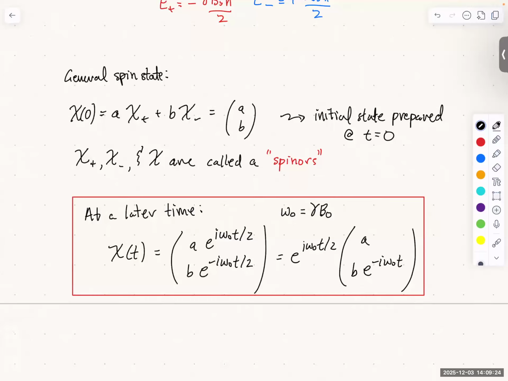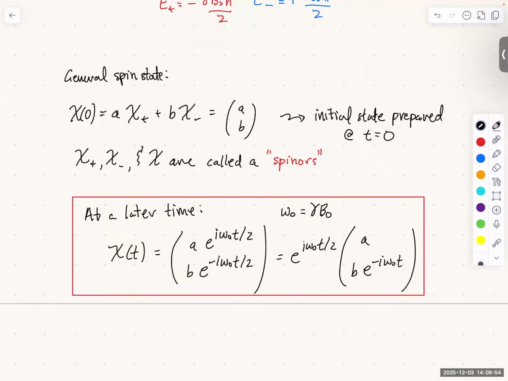When we put that in here, I'm going to define omega naught as gamma B naught. The h bar over h bar cancels, and we get these little phase factors that multiply our coefficients A and B. If we wanted to, we could factor out the phase factor for the A coefficient, and that leaves us with a B times e to the minus i omega naught t.